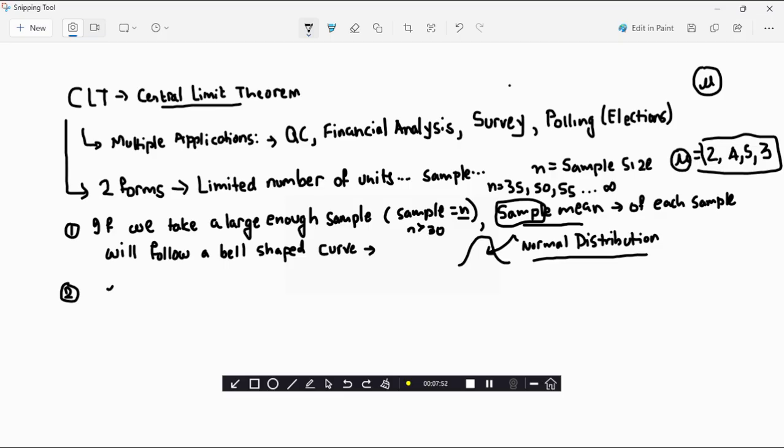Likewise, if we take a large enough sample and figure out the sum of these samples, it will again follow a bell-shaped curve.